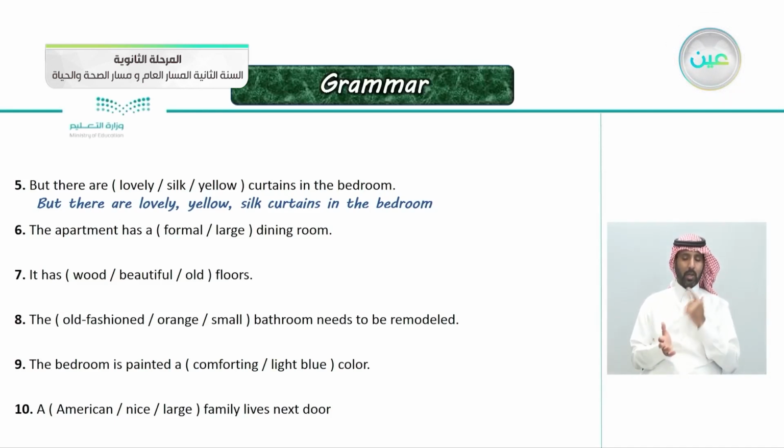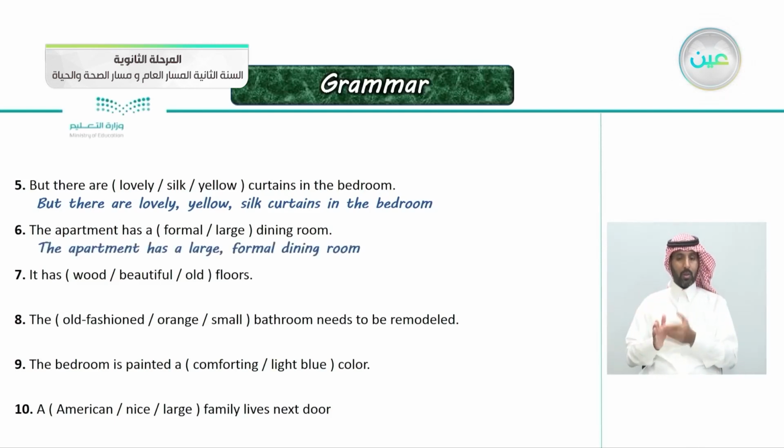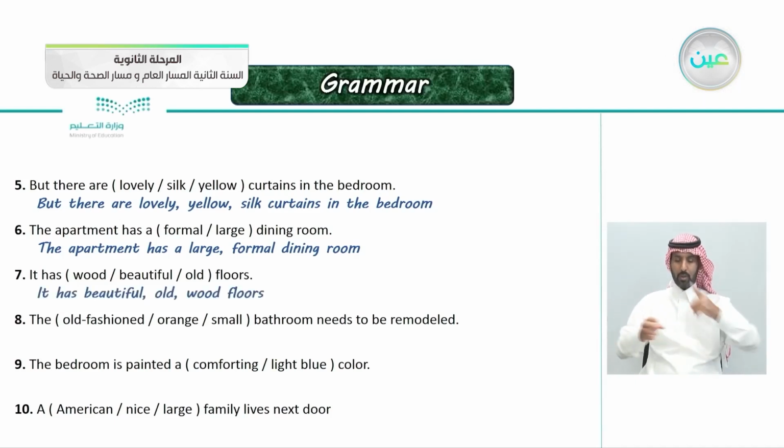Number 6, the apartment has a formal large dining room. So, yes, the apartment has a large formal dining room. Number 7, it has wood, beautiful old floors. So the correct order here is, very good, it has beautiful old wood floors.